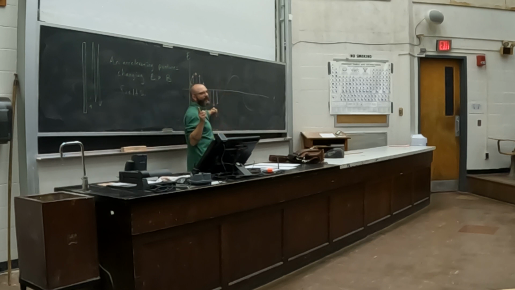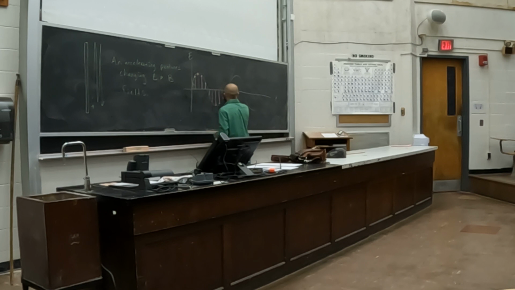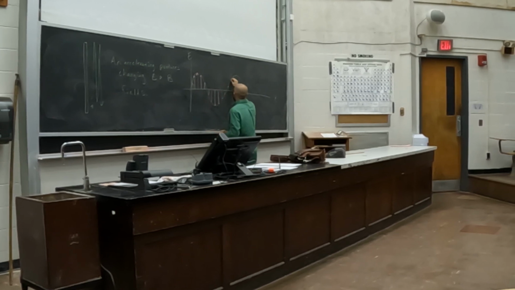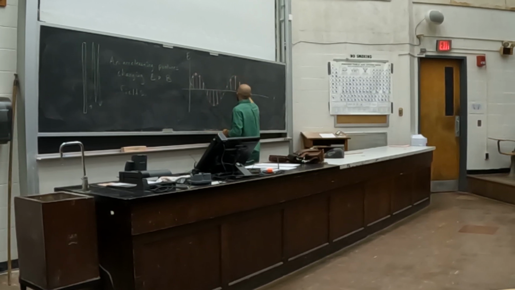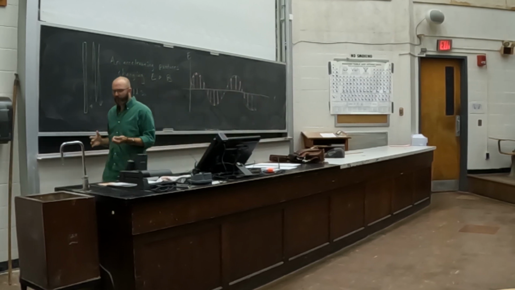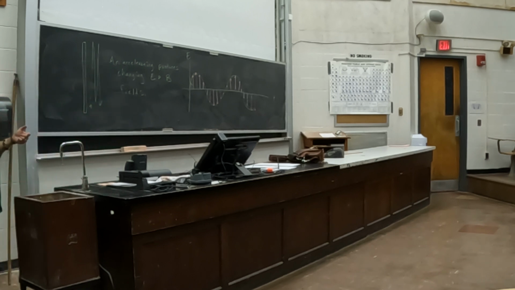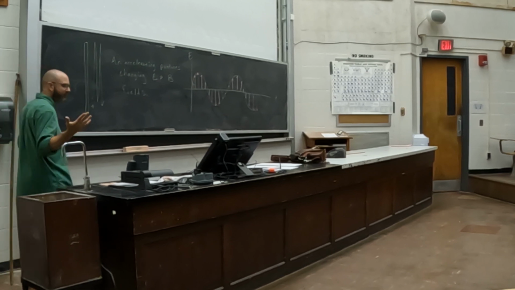The E field vector has switched direction, but by magnitude, the amplitude is the same. Comes back up, and the same thing happens, etc., etc. Okay. So this is what I mean when I say the E field is oscillating. It is changing in magnitude and direction in such a way that it is describable by a trigonometric function.